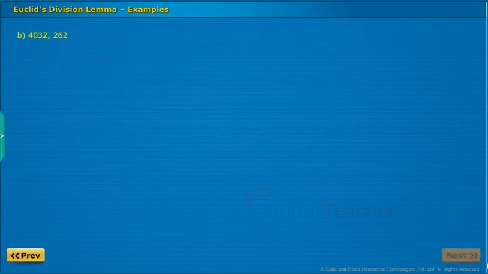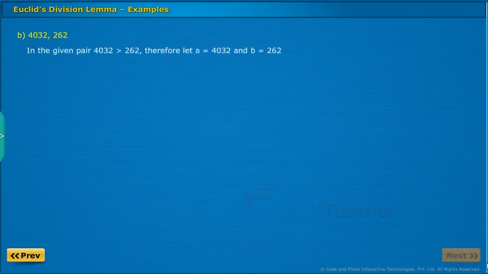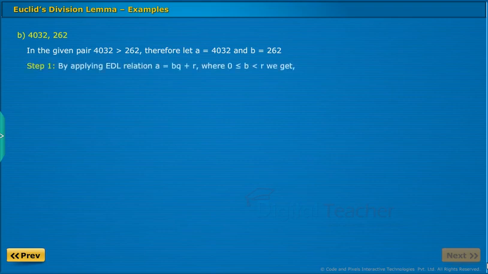B. 4032, 262. In the given pair, 4032 is greater than 262. Therefore, let a be equal to 4032 and b be equal to 262. Step 1. By applying the EDL relation a equal to bq plus r, where 0 is less than or equal to r less than b, we get as shown.